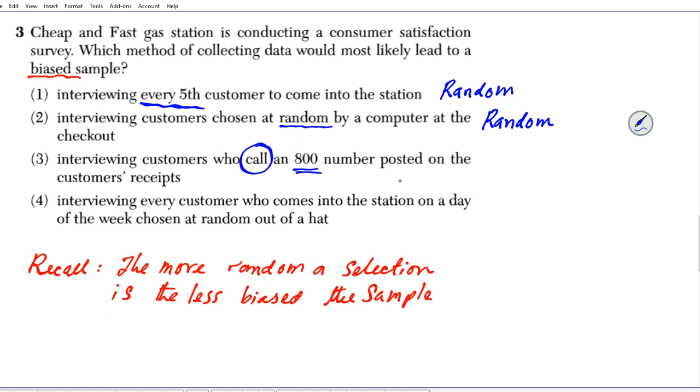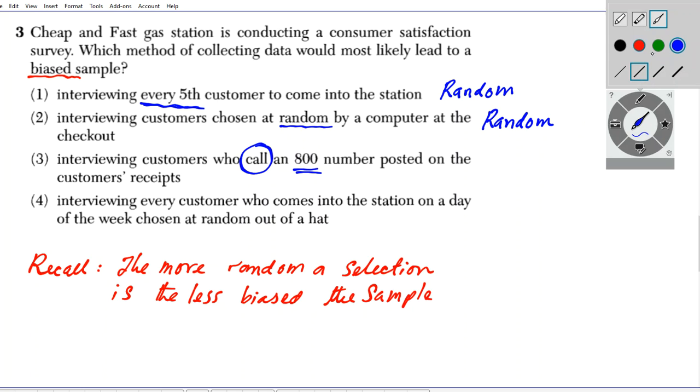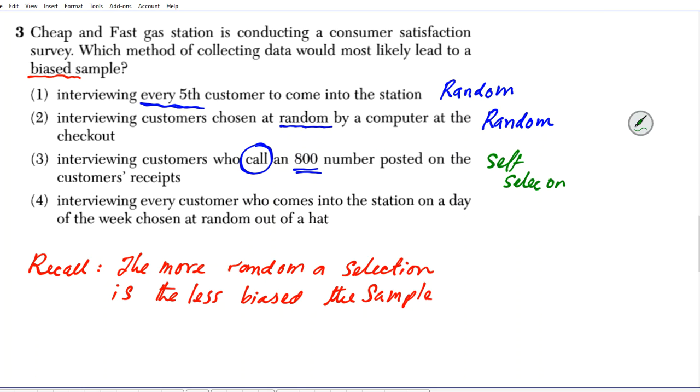This process of collecting data is known as self-selection, and it is not random at all. Since it's not random, it's going to be biased, so this is going to be the correct answer.